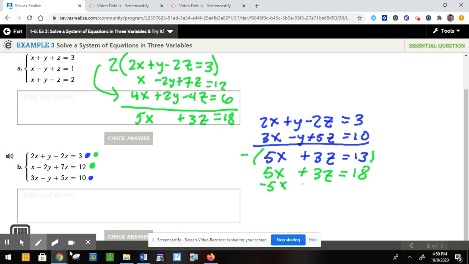You could also just subtract. I always multiply by a -1 and then add. It just helps me not make a mistake with subtracting. But when I combine these now, x's eliminate, z's eliminate, so I've got 0 on the left side. 18 plus -13 is 5. So that means it's no solution here.